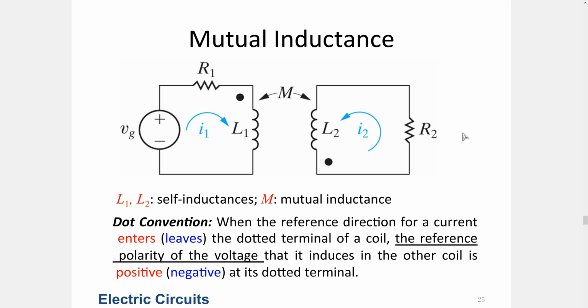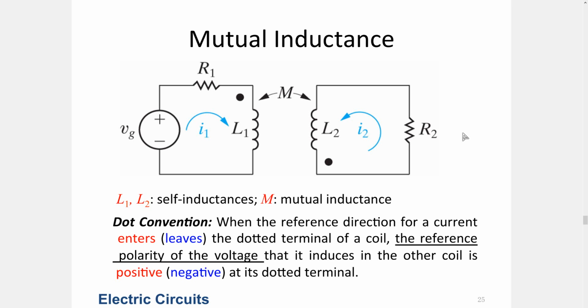For instance, transformers are the first example. We use transformers to isolate high voltage circuits from low voltage circuits. We use them to transform impedances and transform energy from high voltage to low voltage.